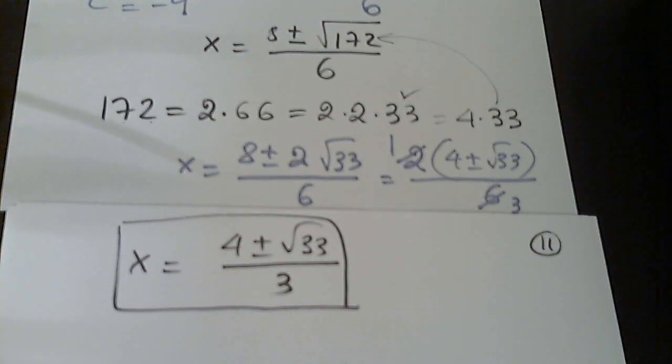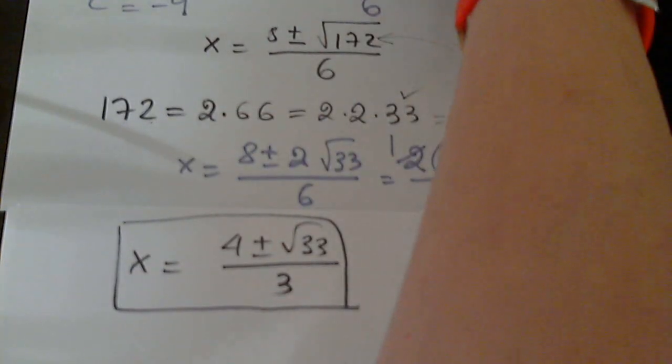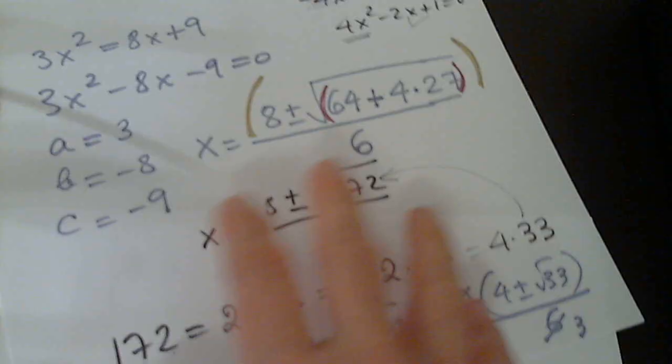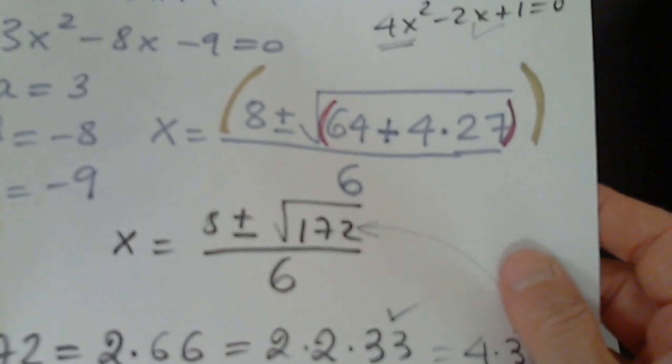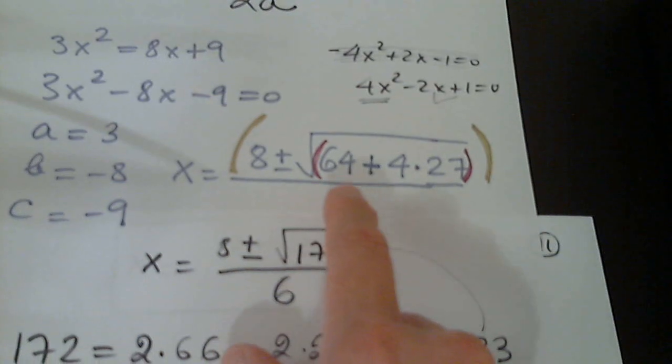Okay, so let's see what I did. Plus 2, 33. Did I copy the problem correctly? I copied the problem correctly. Let's see what else I did. So that was 3. That was negative 8. Positive 8 plus or minus the square root of.